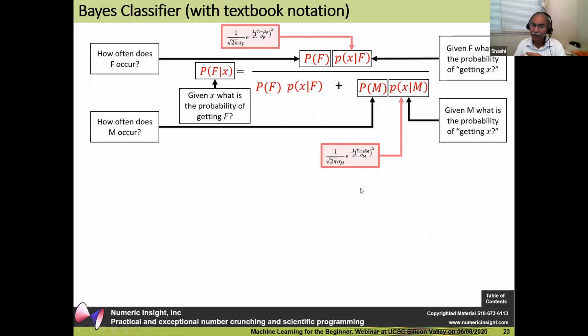So what you see here is going to get you, for any query X, the probability of getting a female or the probability of getting a male given that query, right? So this thing, which is simply a ratio, is a probability, exactly what you saw on the histogram.